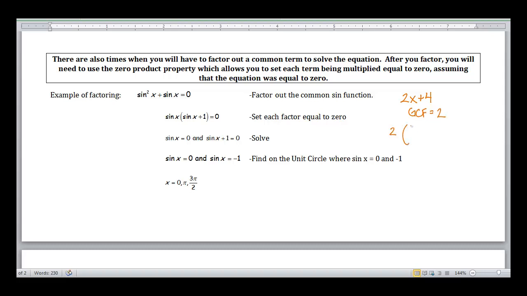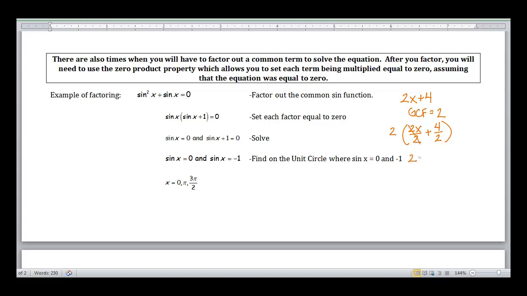What you did is you took the 2x and divided by that same 2, and the 4 and divided by 2. Because again, we don't want to change the value, since there's no equal sign to do the same thing on both sides of the equation. So if we're going to multiply by our GCF, we also have to divide it out.